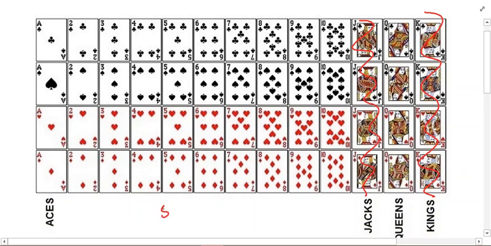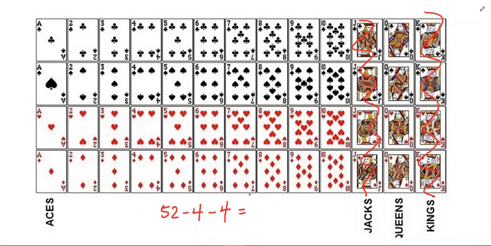So there's 52 cards in the deck. We're going to take away the jacks, so subtract 4, and then take away the kings, so subtract another 4. So we're subtracting a total of 8, so we're going to 44. So we're going to be choosing from these remaining 44 cards.